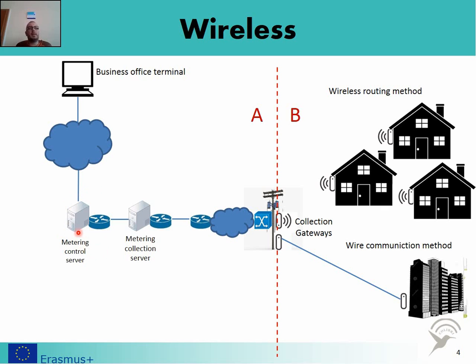The metering control server sends the information via the IP cloud, right here, to the business office terminal of the utility provider.